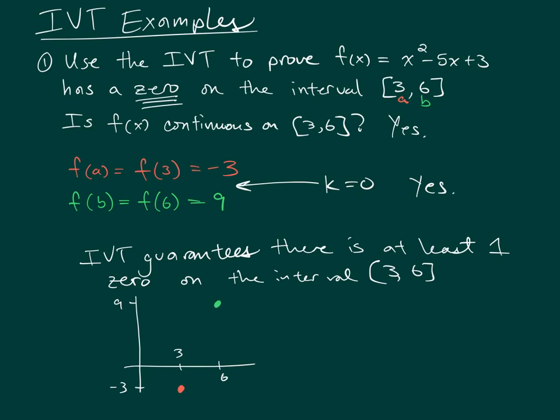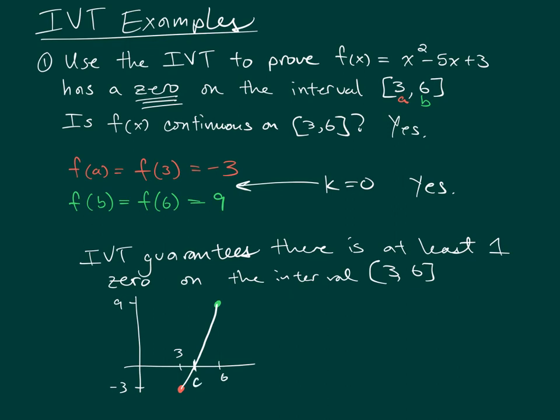So, if this graph that gets connected between these two endpoints is continuous, that means the graph has to cross the x-axis somewhere. That's what the intermediate value theorem states. If you start on one side of the x-axis and at the other end of the interval you end up on the opposite side of the x-axis, there has to be a 0. There is c.